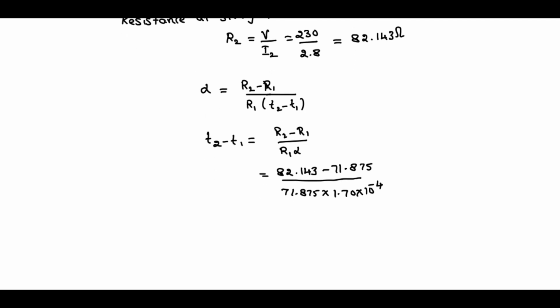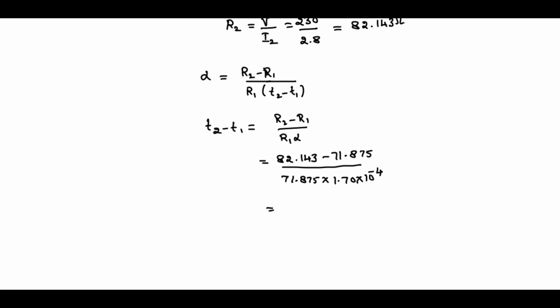So that is equal to 10.268. In the denominator 10 power minus 4 will come to the numerator, that is 10 power 4 divided by 71.875 into 1.7. After simplification, we will get 840.35 degrees Celsius. That is the T2 minus T1 value.